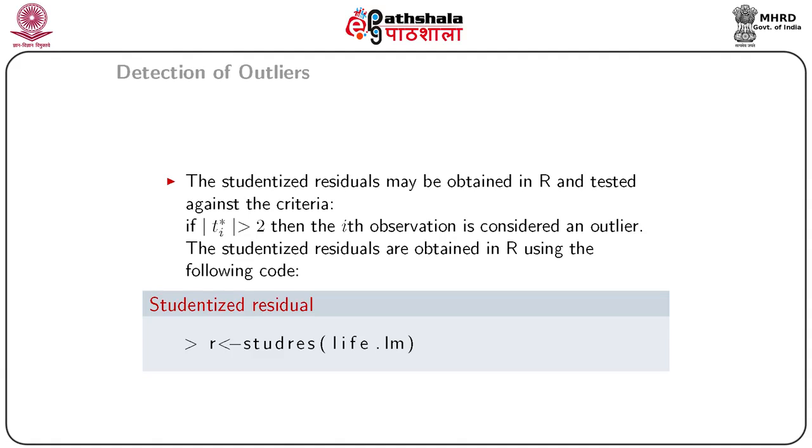In R, we can obtain the studentized residual using the following code. If we denote the studentized residuals by R, we can use the studres function on the life.lm function that we have used to fit the regression model.